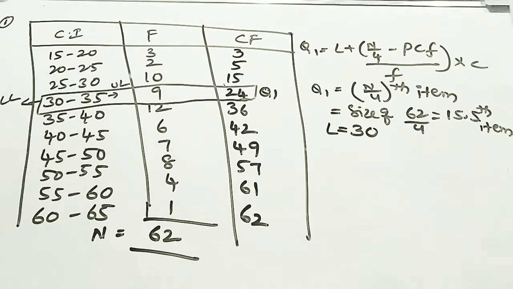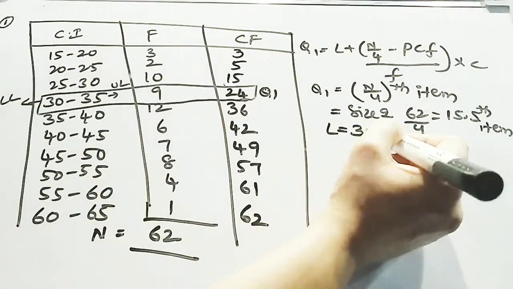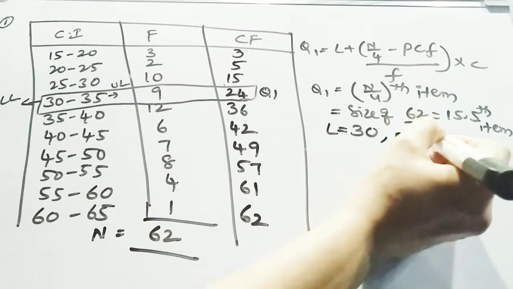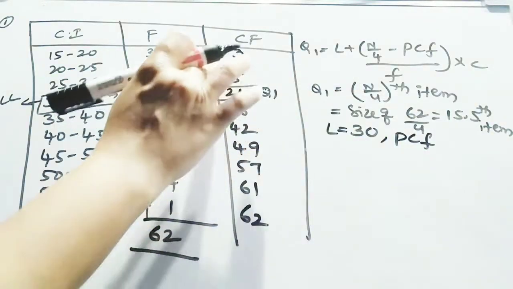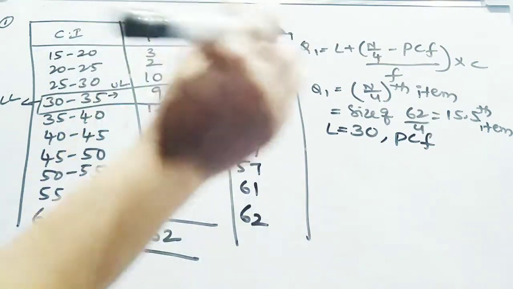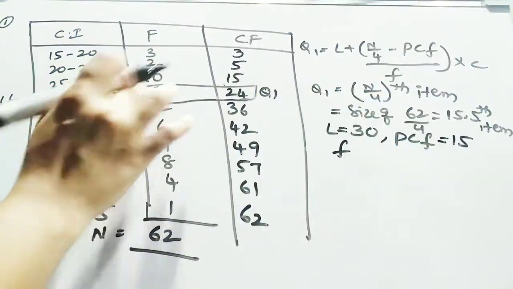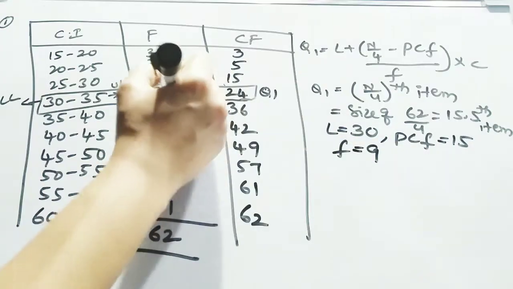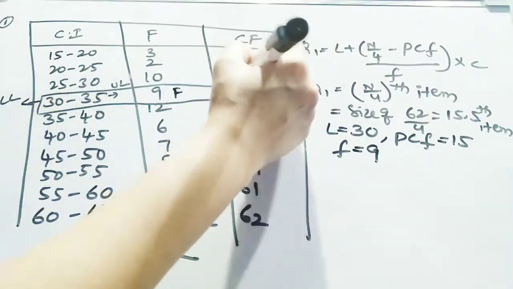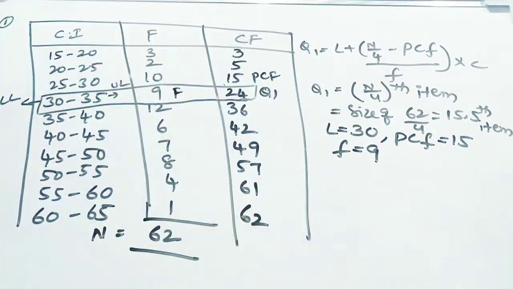L is 30. Preceding cumulative frequency: what is the preceding to 24? It is 15. What is your frequency? Frequency is 9.